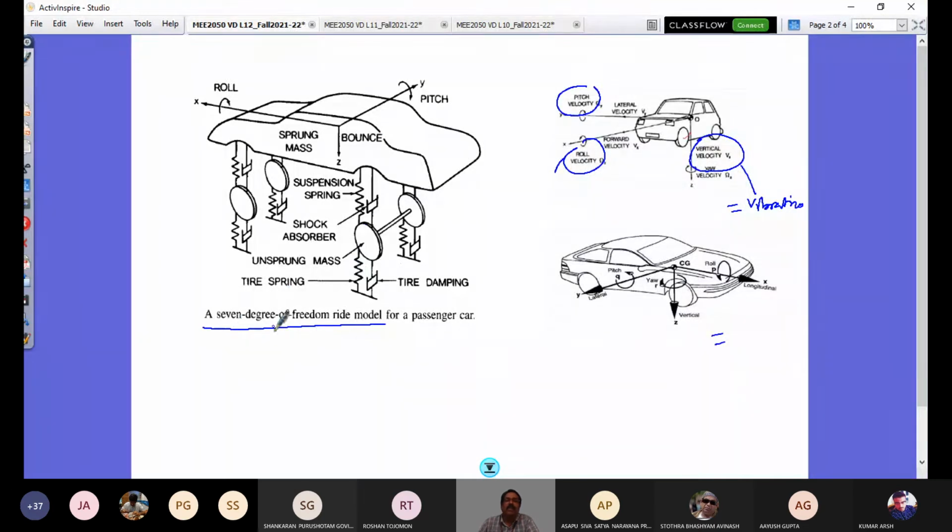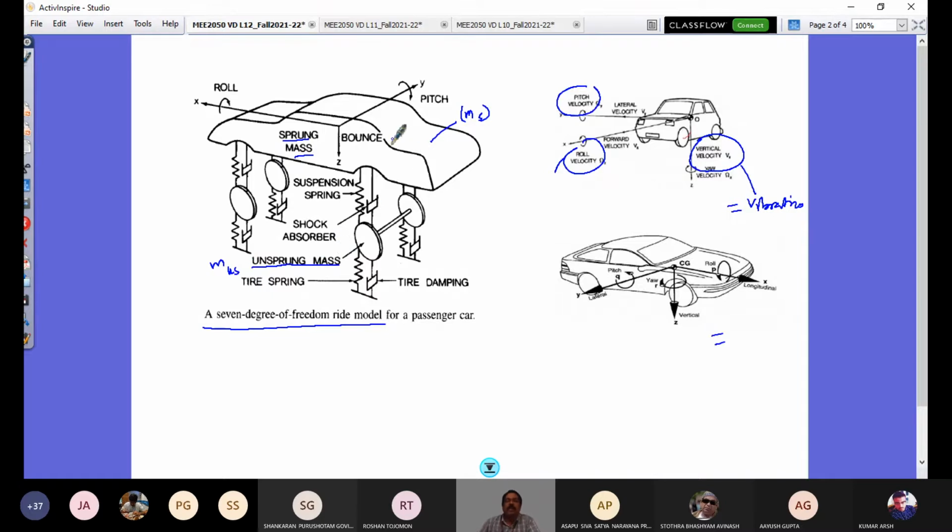For example, here this is one mass called the sprung mass of the vehicle, M subscript S. That is the mass of the vehicle above the suspension. This mass would be one order higher than the mass of the tire-wheel assembly. Those are called unsprung mass, M subscript US.